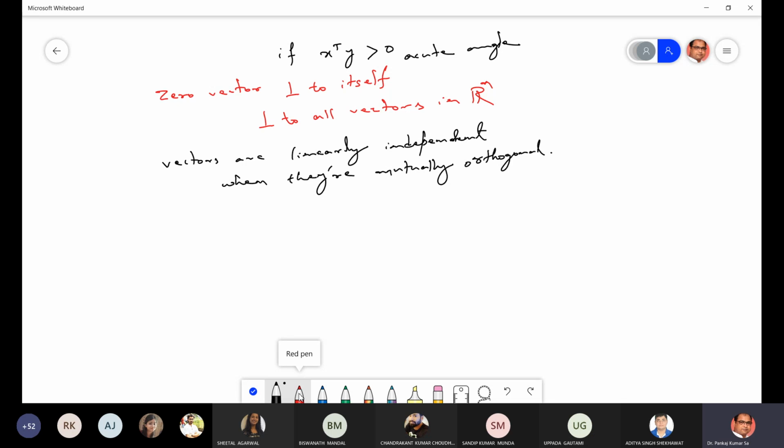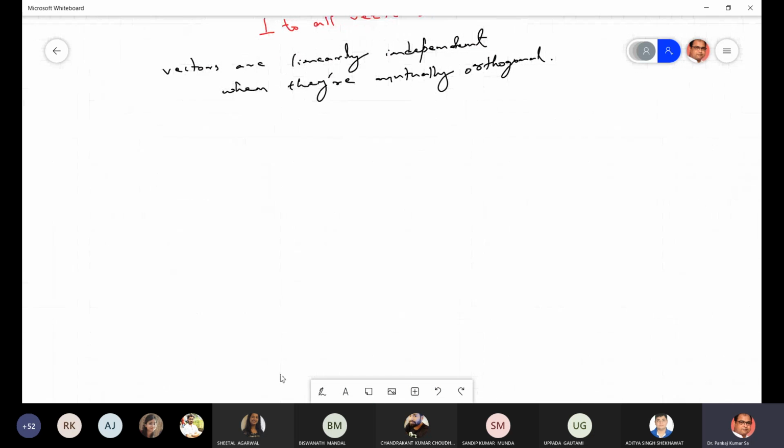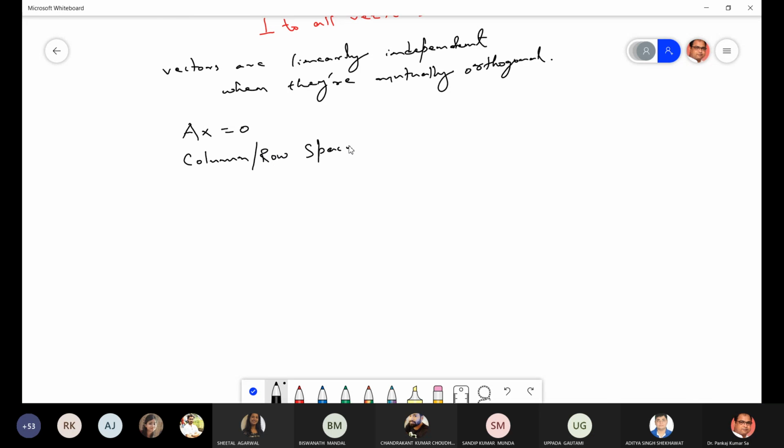If you recall the very first class, we started with Ax equal to 0. Then we talked about column space, row space, column and row spaces.